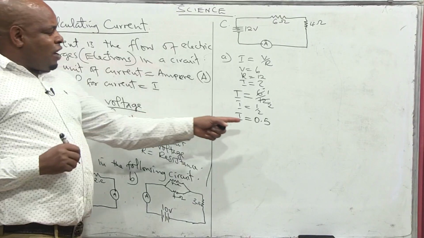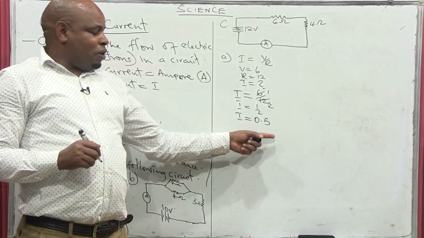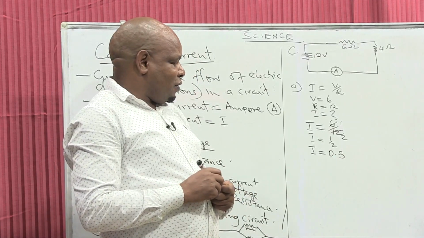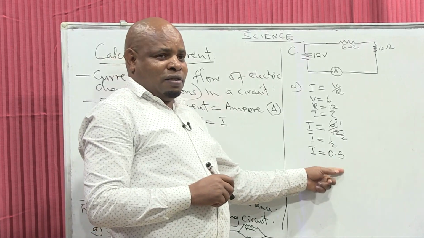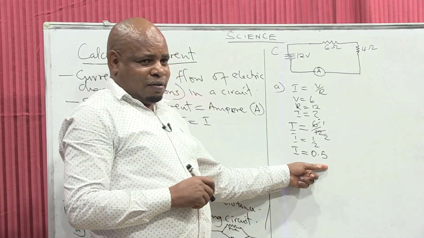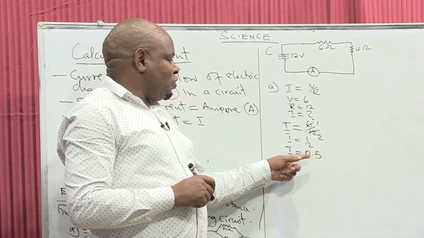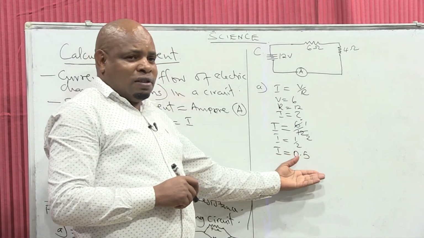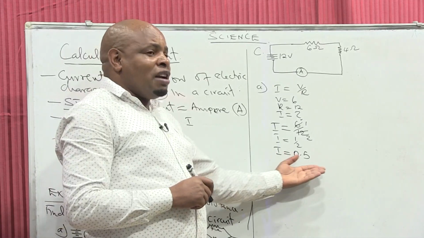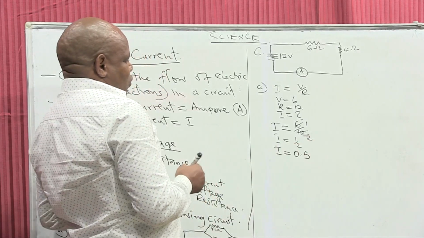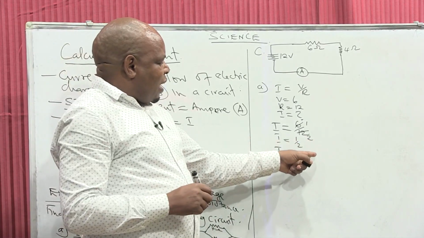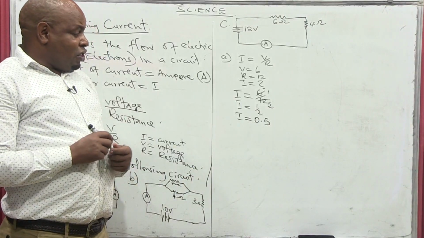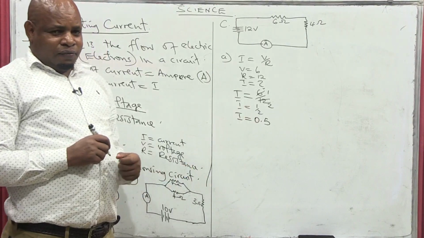But if you leave your answer here without indicating the unit, you will not get a mark here. Because you don't know this 0.5 is what? Are they cows? Are they goats? Are they animals? So when you put your units in front of the answer, it shows what you are looking for.